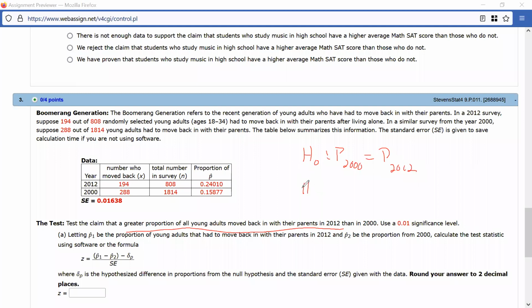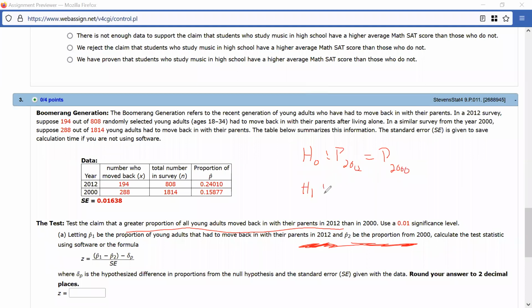And then H1, oh, looks like I'm doing this backwards. They want me to reverse this, just to keep WebAssign happy. So we're going to switch this up. So this will be 2012 and 2000.